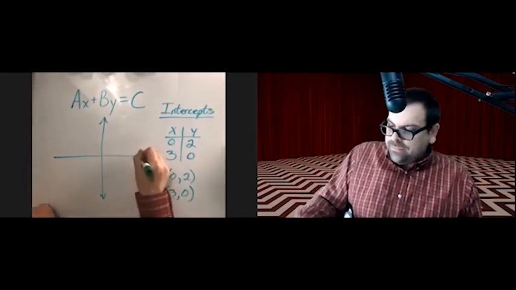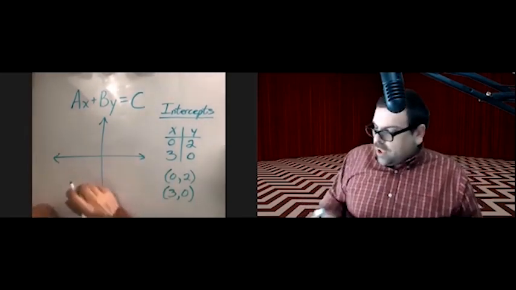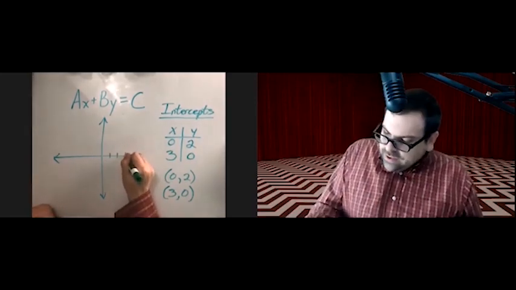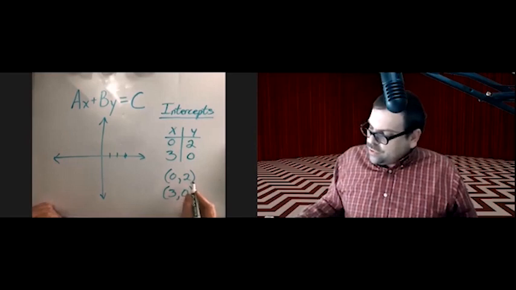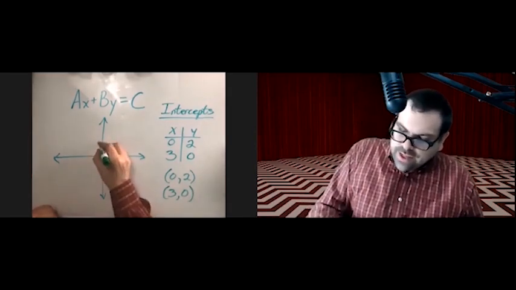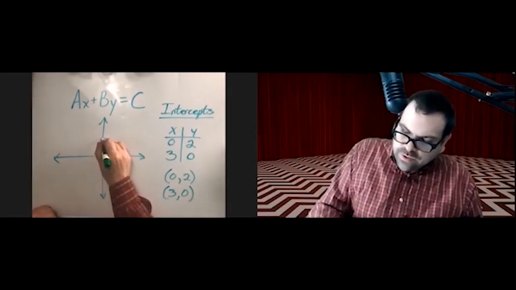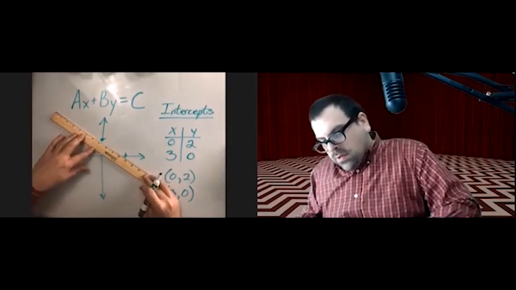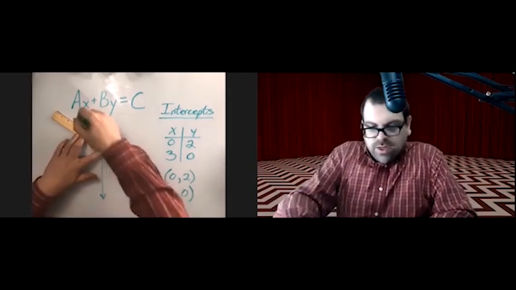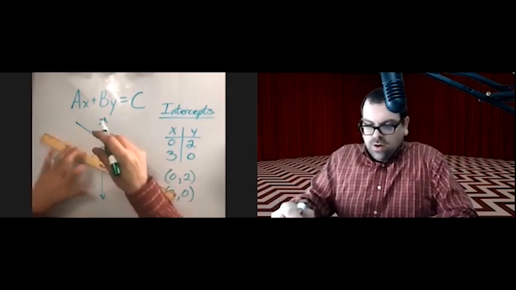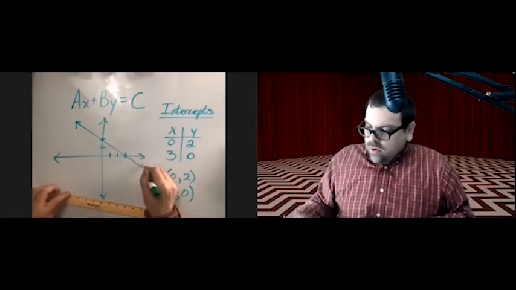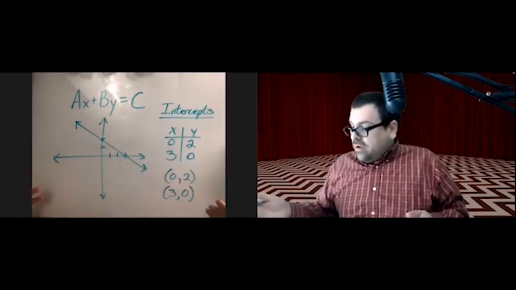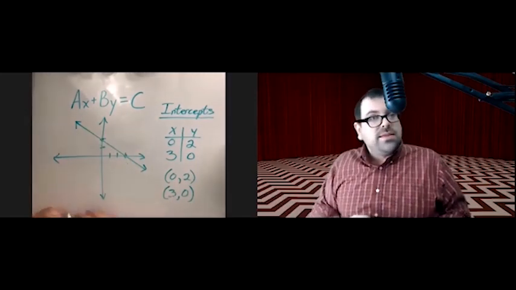If we plot our 2 points, 3, 0, that's an x of 3, and 0, 2, that's a y of 2, and then we use our straight edge to draw the line right between these 2 points. So that's one method we have of graphing something in this form.